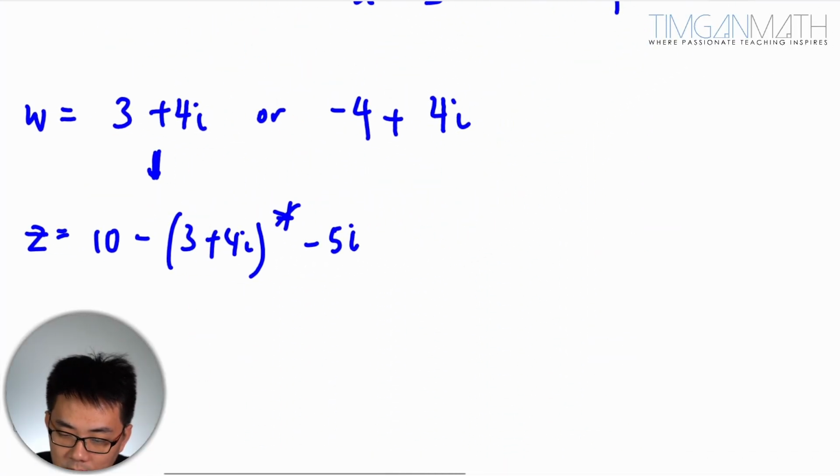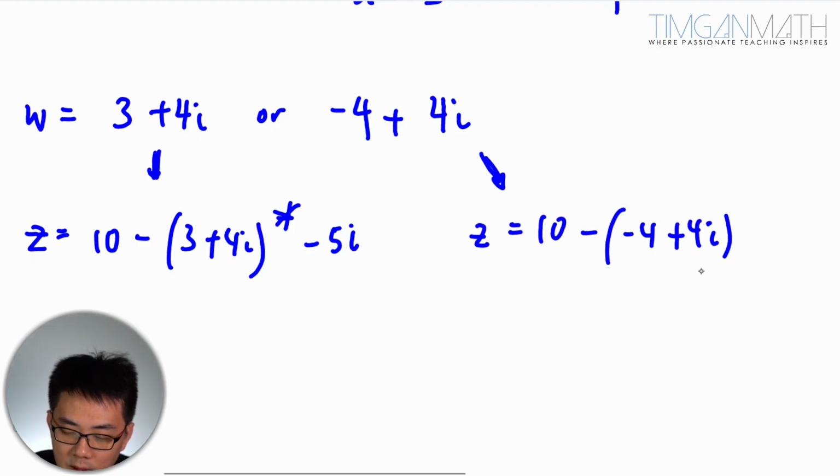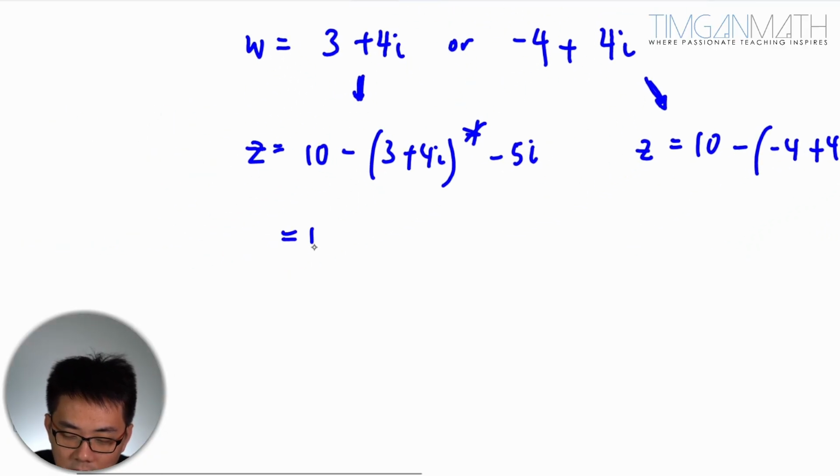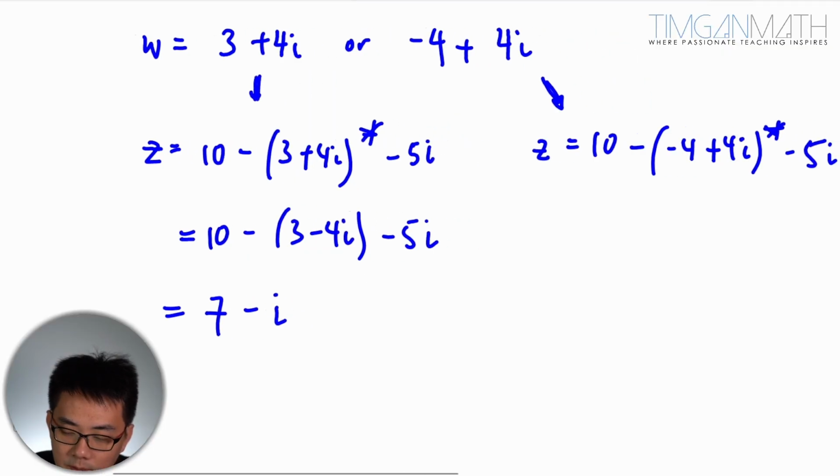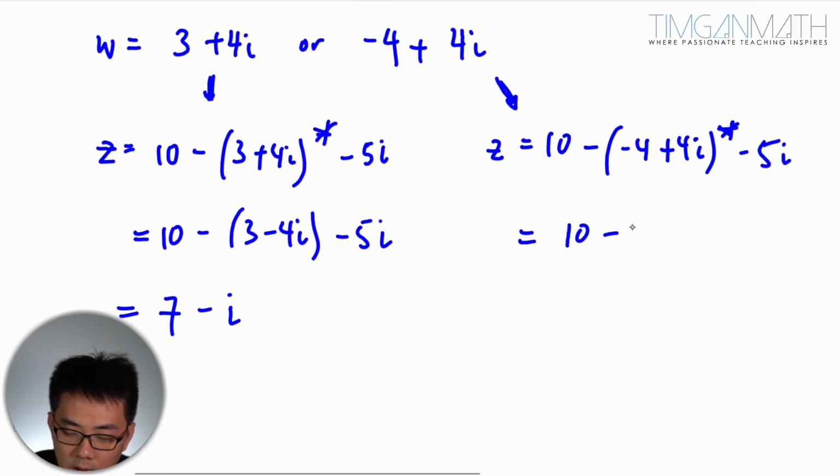For w equals 3 plus 4i, it follows: 10 minus 3 minus 4i minus 5i, which will be 7 minus 9i. Then the other one will be 10 minus the conjugate of minus 4 plus 4i, minus 5i.